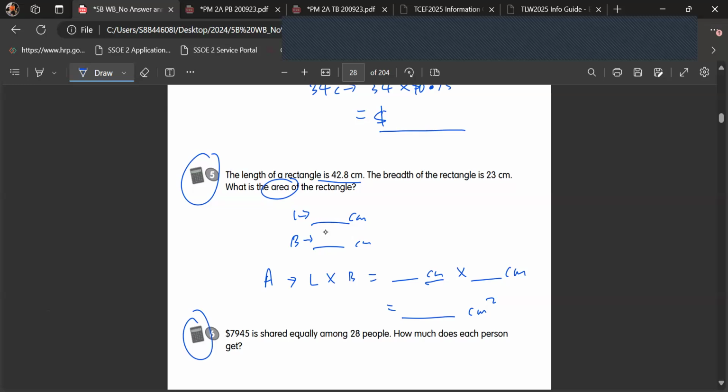Good. Okay, my focus is on how you manage your thinking process through this, how you present your answers in a neat manner, and how you can ensure you don't forget your units.